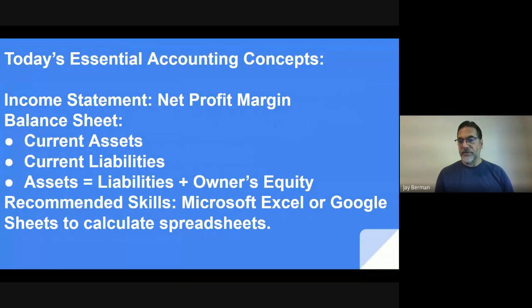And just to remember, when you are calculating your balance sheet, your assets always have to equal your liabilities and owner's equity. I will discuss liabilities and owner's equity in a couple more episodes. I do recommend learning either Microsoft Excel or Google Sheets so you can calculate your own spreadsheets, your own income statement, and your own balance sheets.